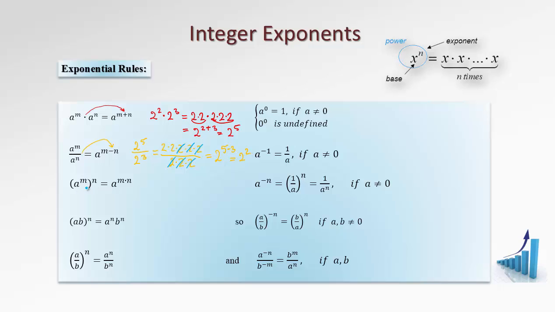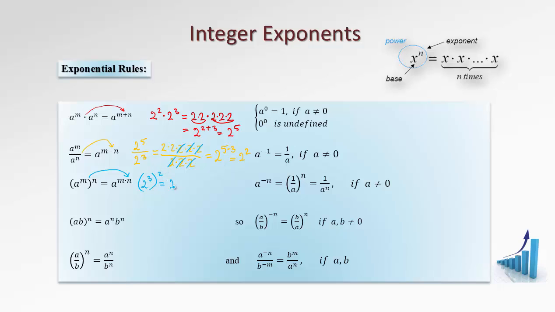The next rule is, when we take power to the power, it translates into multiplication on exponential level. So powers translate into multiplication. And this could be justified by a simple example as before. For instance, if I take 2 to the 3 and then raise it to the 2, that really means that I have to take twice the group of 2 to the 3.